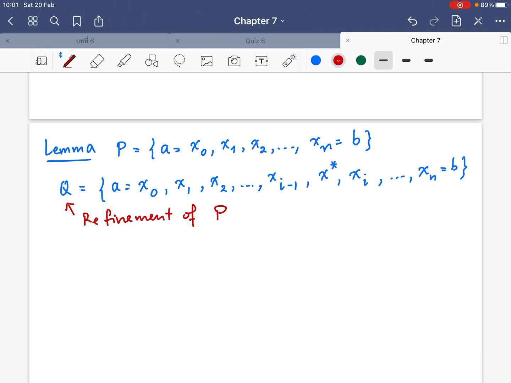So it's going to be a partition over the same closed interval, but this Q gets more subintervals.